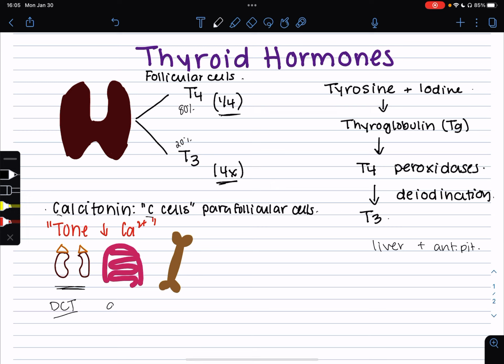If you said the duodenum, you would be correct as well. So these two places are going to cause more of an elimination versus a reabsorption because we want to decrease that serum calcium. And the last place is going to be the bones.